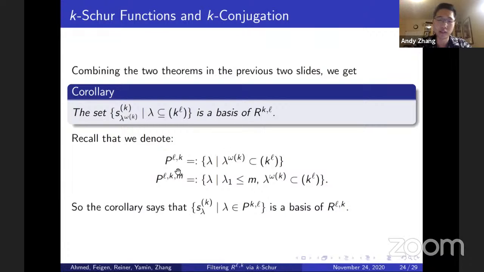And recall that we denote this index set by just PLK and PLKM respectively. So this corollary just says that we could use the k-Schur functions with the index set PKL as a basis of RLK.